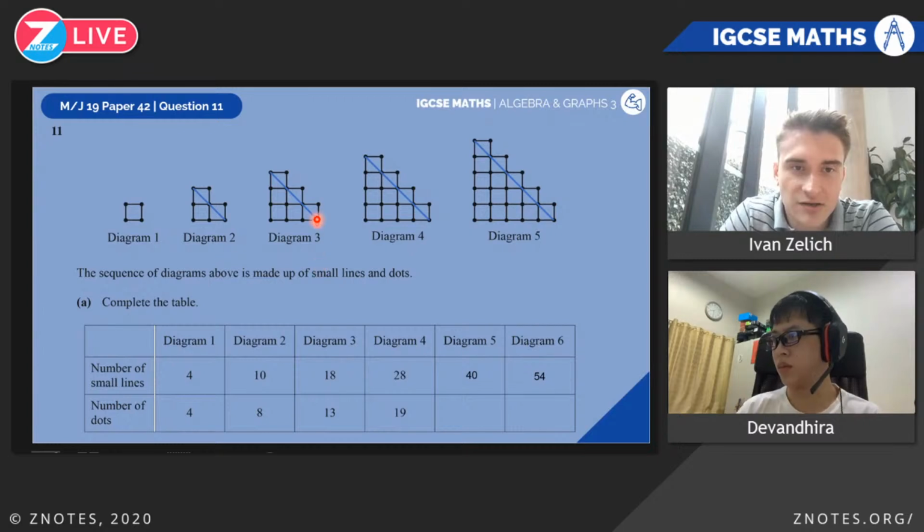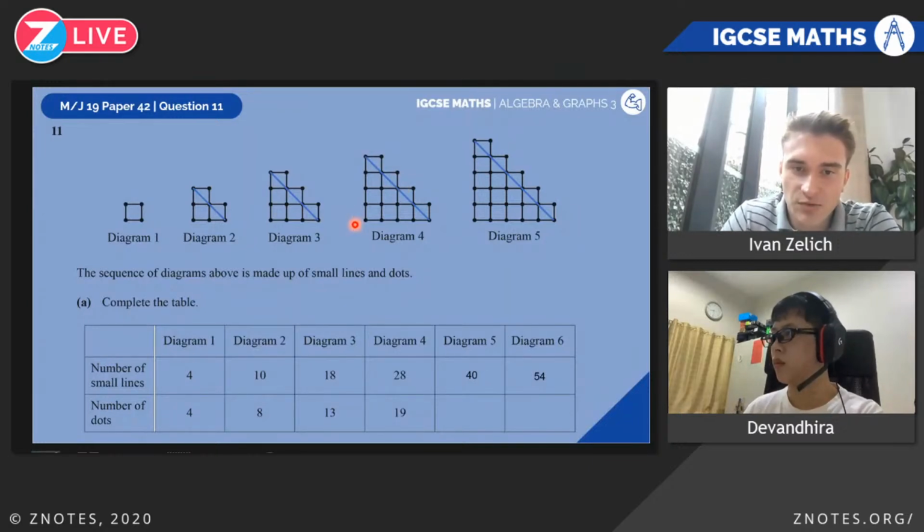We're adding 3 plus 2, 2 plus 2, and 4 plus 2. So the next one we'll be adding 5 plus 2, which is 7. And the next one we'll be adding 6 plus 2, so we add 8 and we get 34.